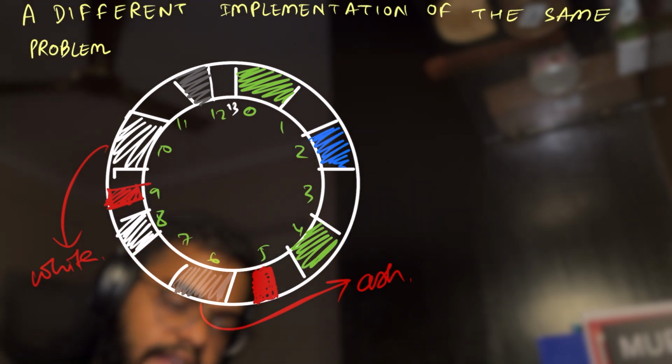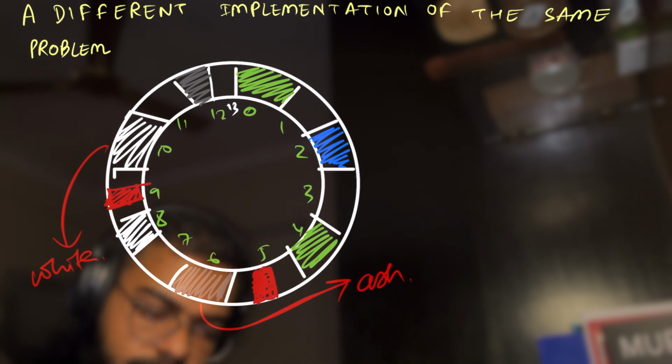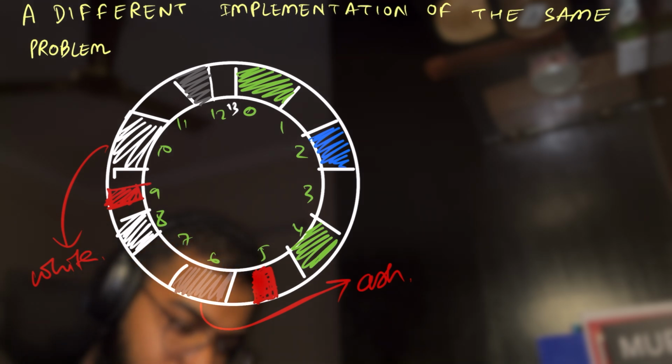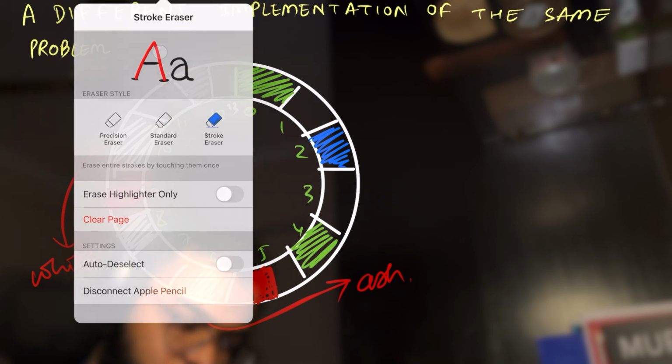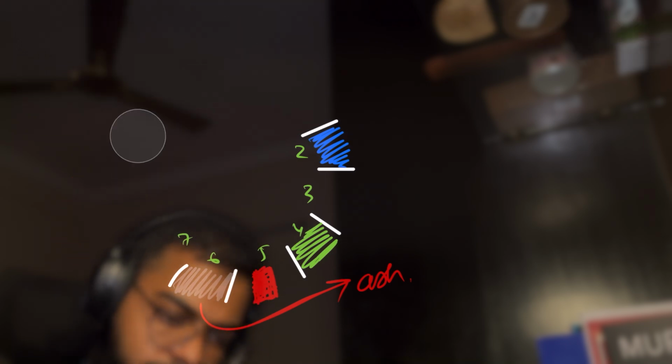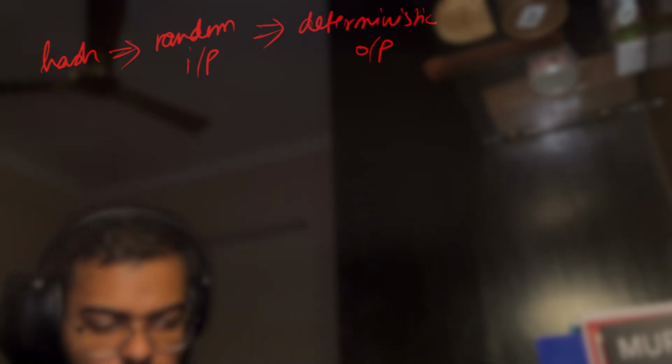Now let me revise consistent hashing for you once. Let me just clear the complete screen. We started with just hashing. What is a hash function? If you remember, a hash function maps random input to a set of deterministic output.